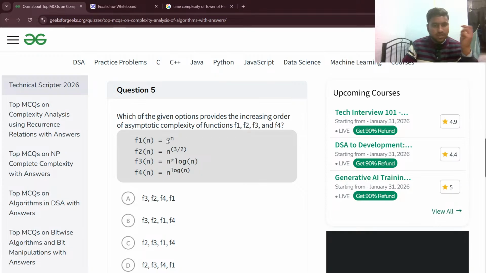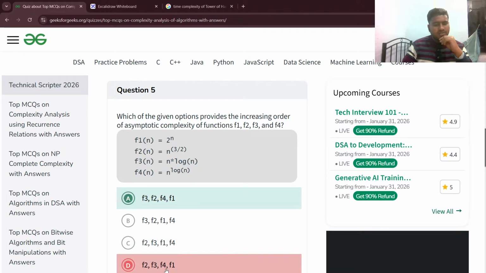Let me check: F1 of n is equal to 2 raised to power n. 2 raised to power n is exponential time complexity, so this has the highest time complexity among all. So F1 is last. N raised to power 3 by 2 is the lowest time complexity, so this comes first. So F1, F2, oh my god.